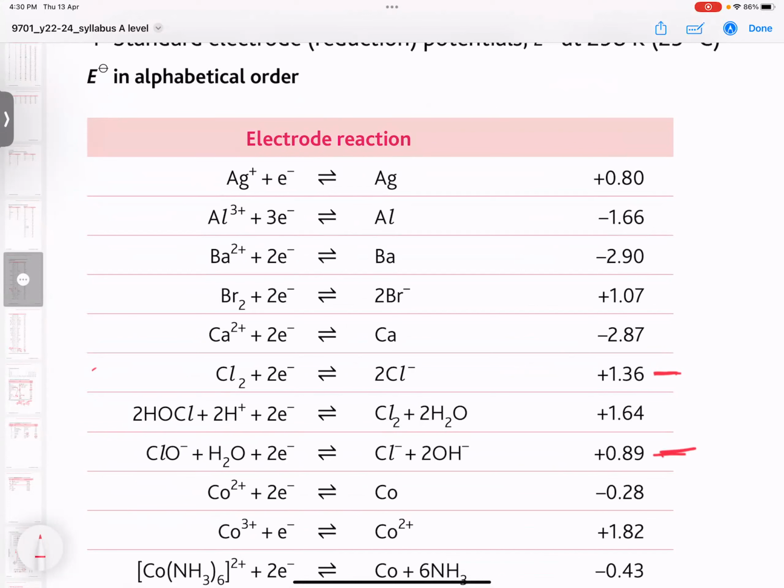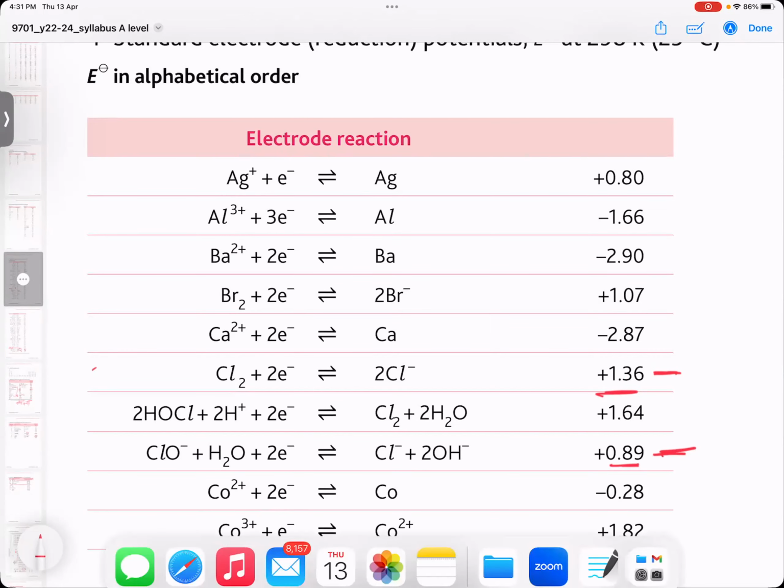See, these two equations must be used. One has 1.36 and the other one has 0.89, so we can easily do it by doing 1.36 minus 0.89 for E0 cell.